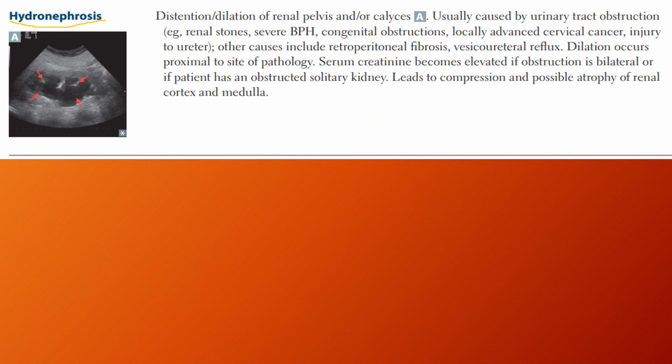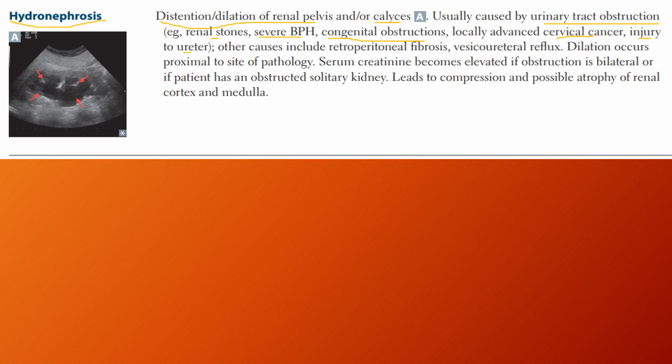Hydronephrosis, which means the accumulation of fluid inside a kidney, distension or dilation of the renal pelvis or the calyxes, is usually caused by urinary tract obstruction. Examples: renal stones, severe benign prostatic hyperplasia, congenital obstructions, locally advanced cervical cancer, or injury to ureters.